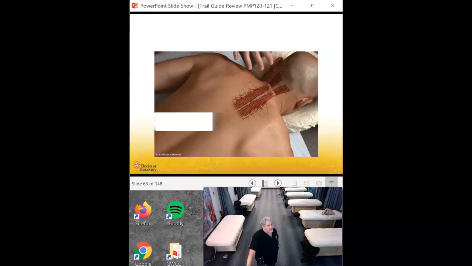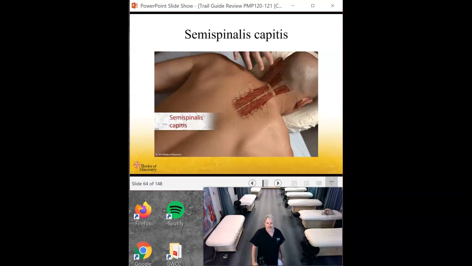Semi-capitis? No. Well, it goes from part of the spine to the head, and you almost said that, but you just said part head. I want part spine head. Semispinalis capitis. Perfect.